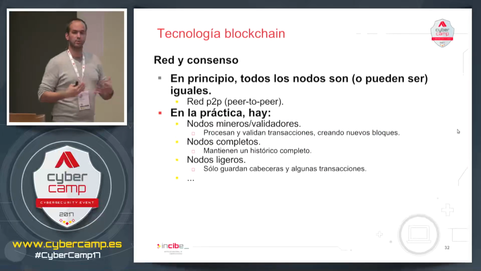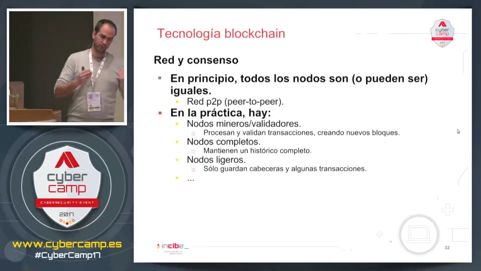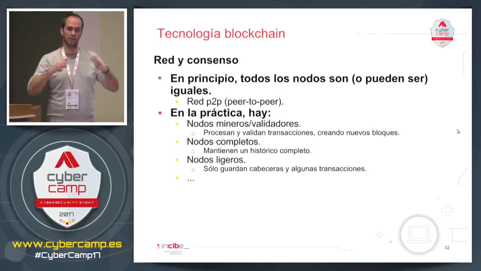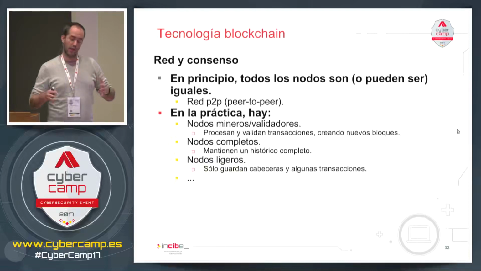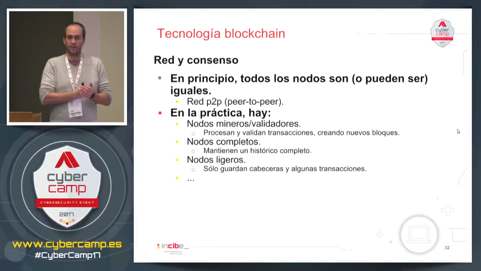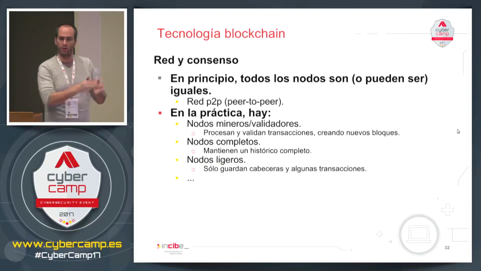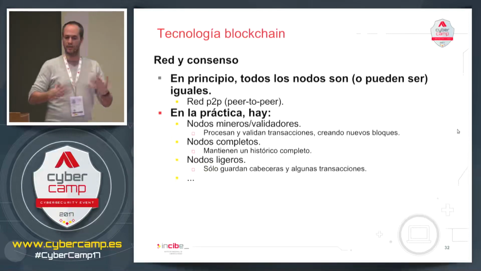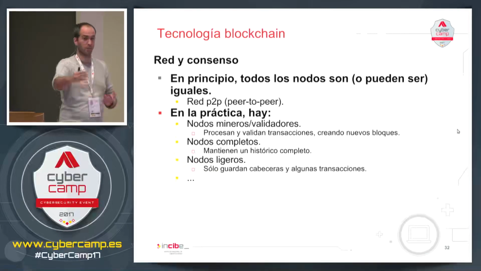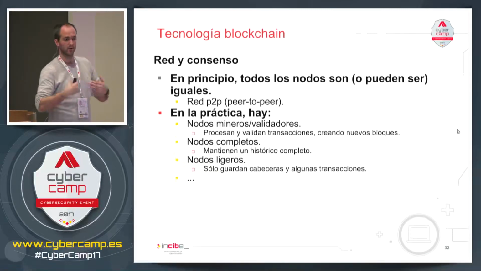Okay, so far. Now, there's a fundamental process, which is the consensus process. So how do we decide which transactions are valid or not? Doing it independently is very easy. You just need a digital signature. You want the balance of ins to be the same or greater than the balance of outs. But when we all have to agree between the different peers whether a transaction is valid, it's more difficult.